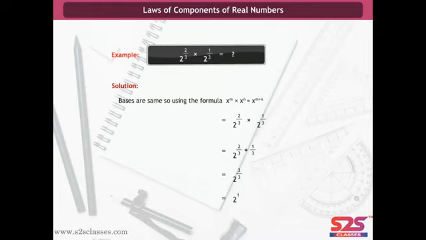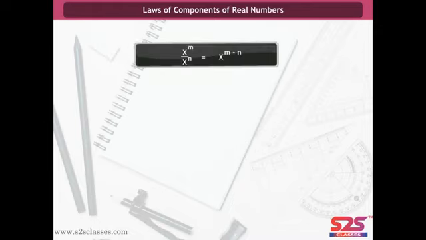Now the second law that we are going to study is x raised to the power m by x raised to the power n is equal to x raised to the power m minus n. This means if two or more numbers with the same base are divided, then the answer is the base raised to the higher exponent minus the lower exponent. Let us understand with the help of an example.